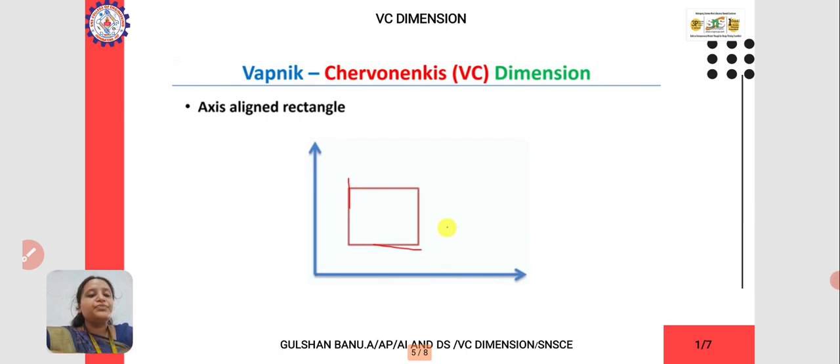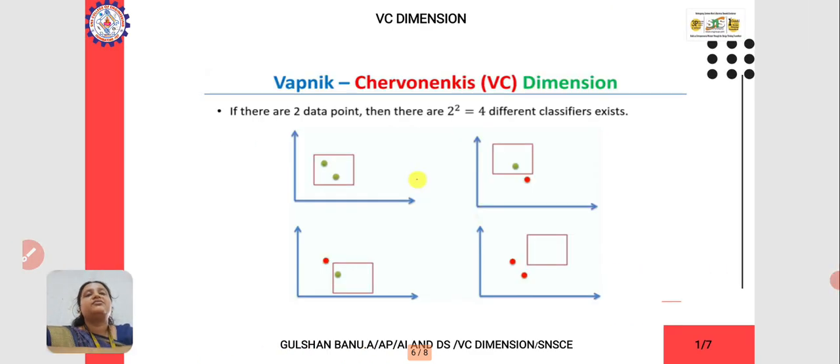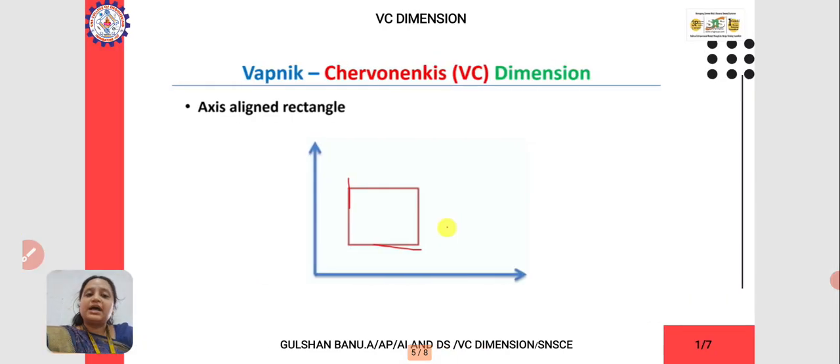Now we have another concept called the axis aligned rectangle. Why is the axis aligned rectangle brought in? You have to plot the different kinds of points in a given axis or a given square. For example, if you are given the true value, that is the green value, and you want to plot only that kind of value, you denote it with a rectangular form, which is called an axis aligned rectangle.